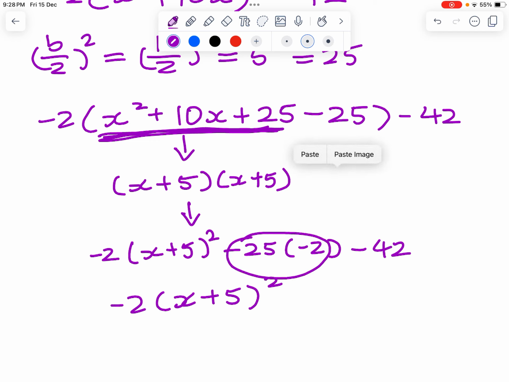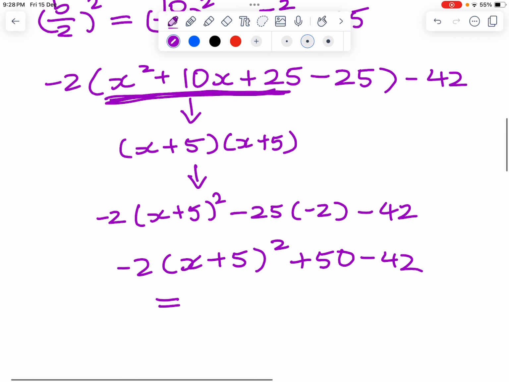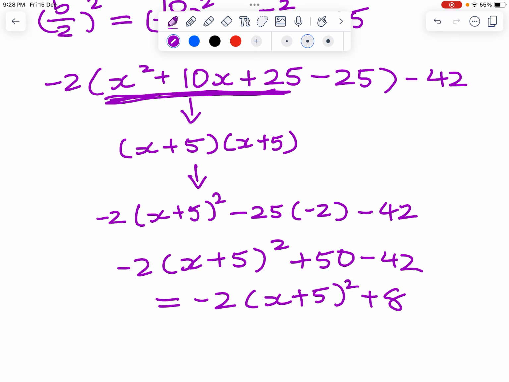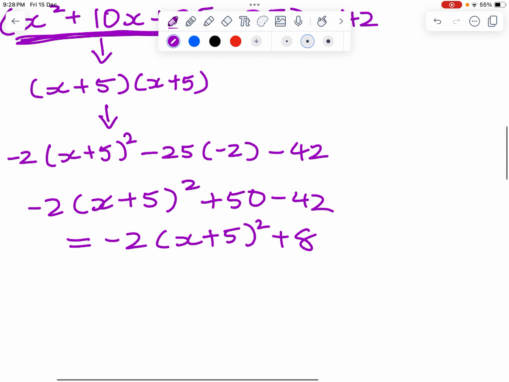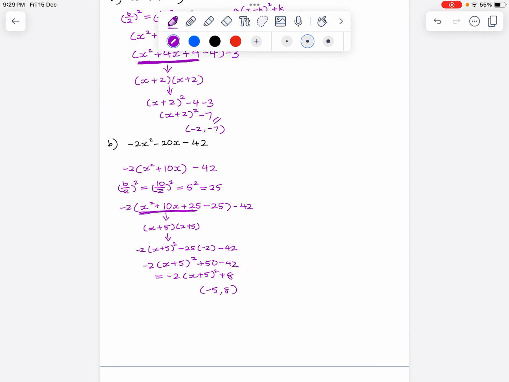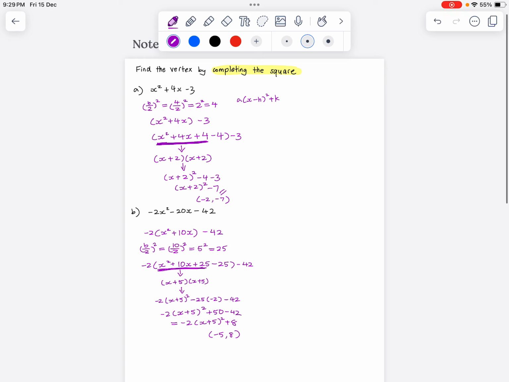Negative 25 times negative 2 is positive 50, and then minus 42, so we get negative 2 times (x plus 5) squared plus 8. That's our vertex form, and the vertex is negative 5 comma 8. There you have it. This is how you complete the square and convert from standard form to vertex form. Thank you for watching the video.